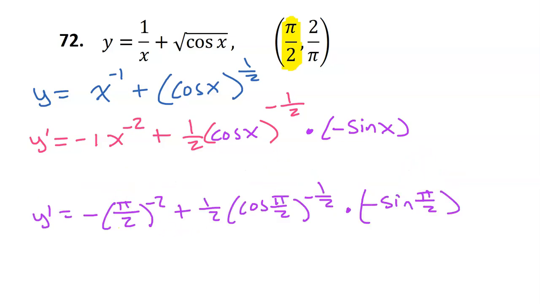I just realized there's a little statement I need to add in here before I put in the pi over 2 for all the x's. I need to say at x equals pi over 2. If I don't say that, it looks like I'm saying this is the function for derivative now.